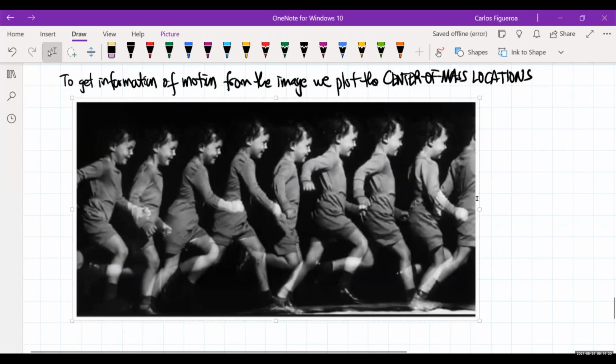So what I'm going to do here is pick one point of the boy, and the point that I'm going to pick is going to be his belly button. So I'm going to try to pick his belly button on every image. So let's look at that. I'm going to say, here's one. Here's one.